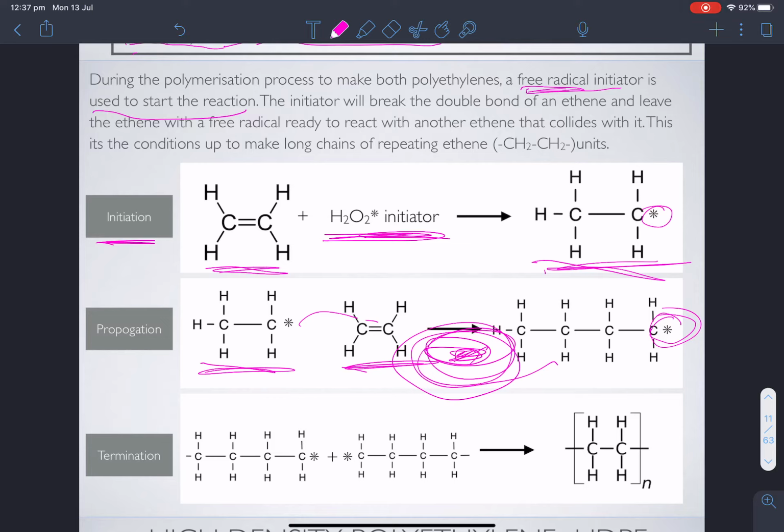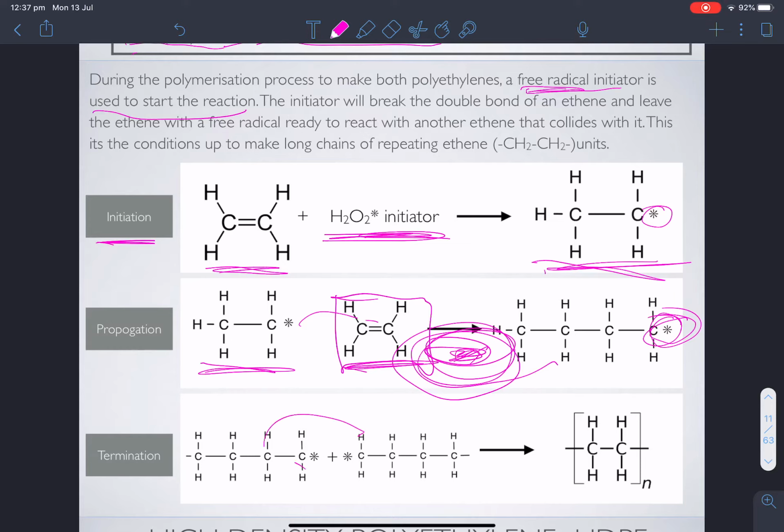What can happen is, after a certain amount of time, the concentration of ethene will go down and down. When you've got more and more longer chains, the concentration of those will go down, and so there will eventually be a significant concentration of these radicals left over, and two of them are likely to meet each other.